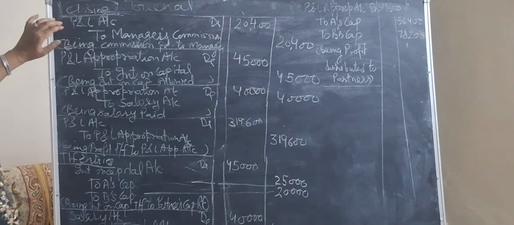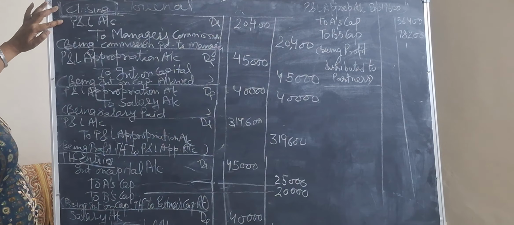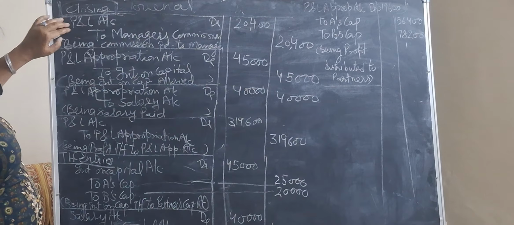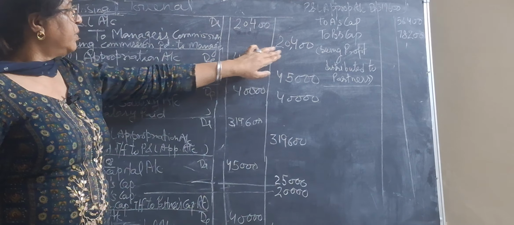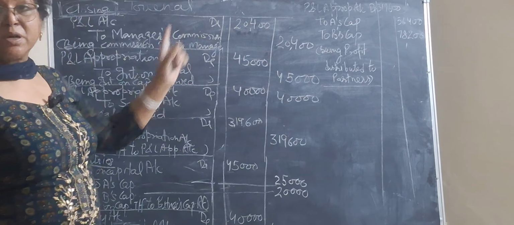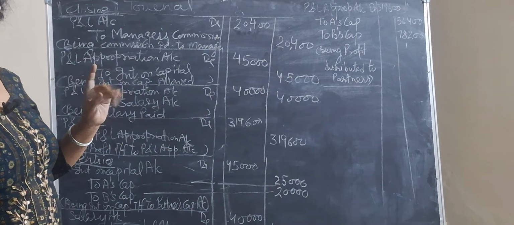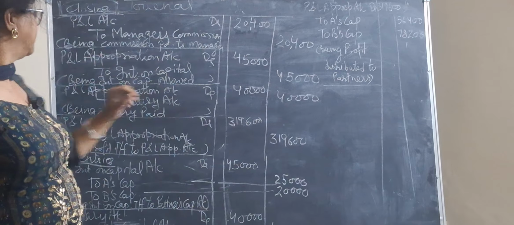Okay, so now we are just again revising it. Commission is given to manager from profit and loss account. So it will be P&L account to manager's commission, 20,400, 6% of 3 lakh plus 40,000 salary. 3 lakh 40,000, 6% of that comes out to be 20,400.